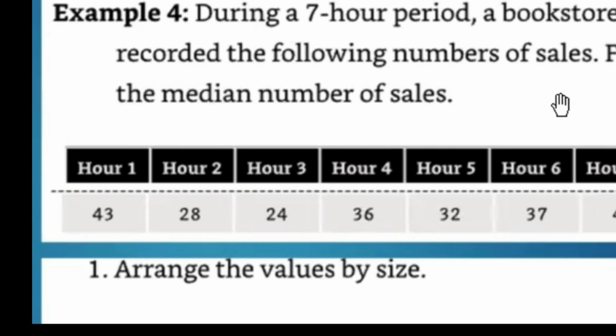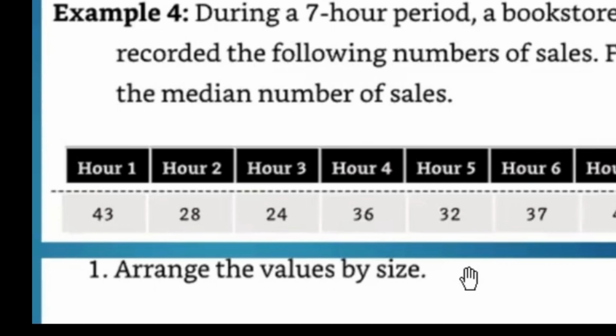So you just go to your list of numbers and you rearrange them, starting from the lowest to the highest, right? So we can see that in this case, the lowest is 24, okay, followed by 28, then 32, 36, 37, 43, and 48, okay? So it's very simple. You just rearrange your numbers from smallest to largest, okay?